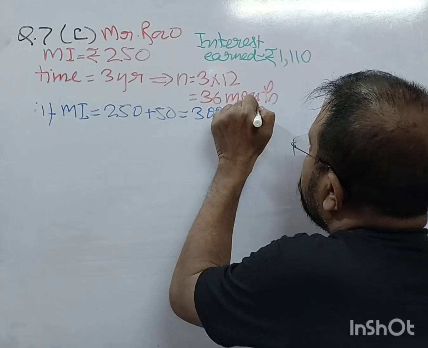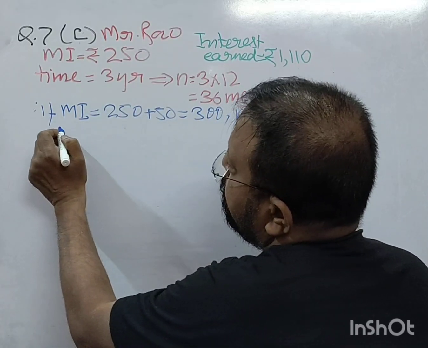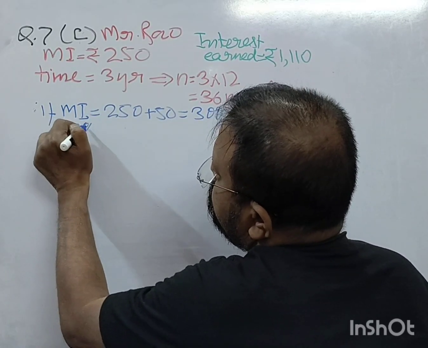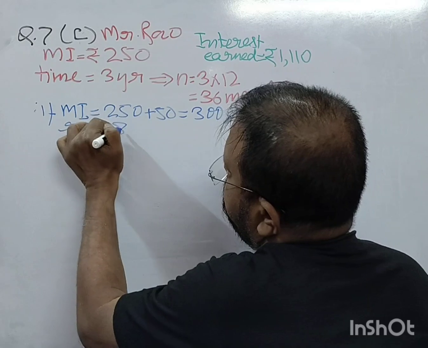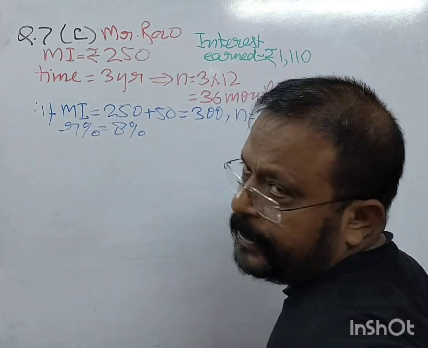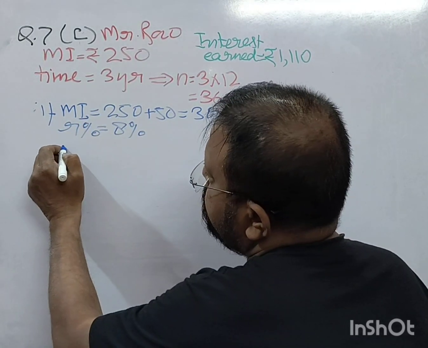Number of months is 36 and rate of interest is 8%. Right? So what will be the interest?